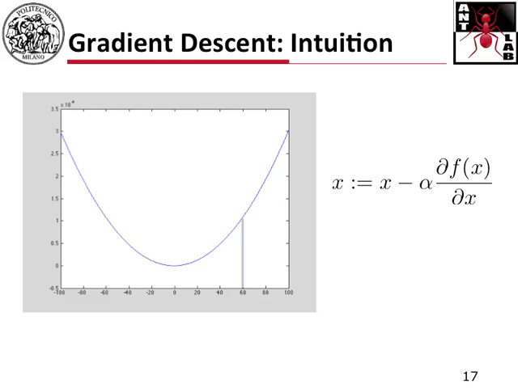Here, the derivative is negative, still alpha is large, which means that you jump up there, and you keep iterating to infinity. So usually alpha cannot be chosen too large.